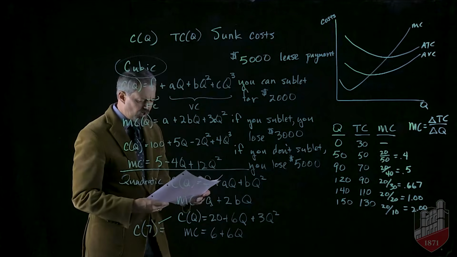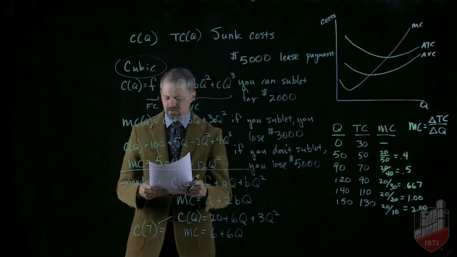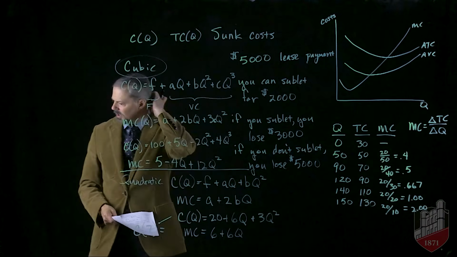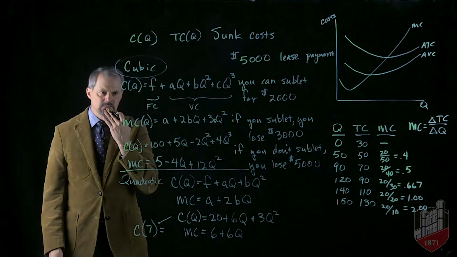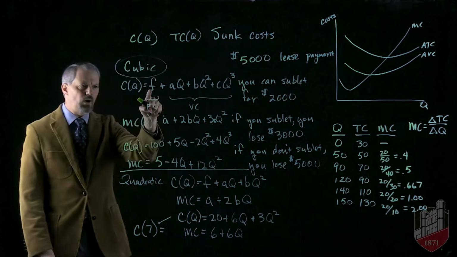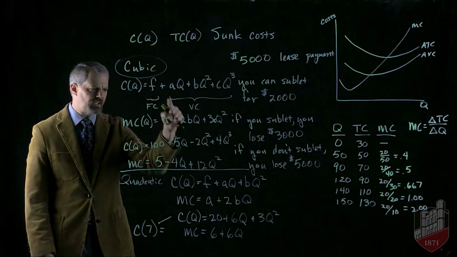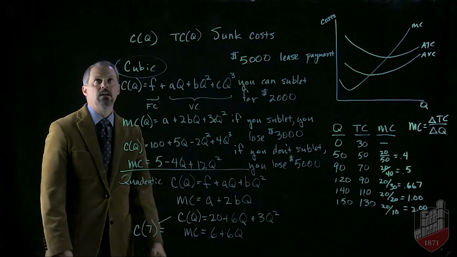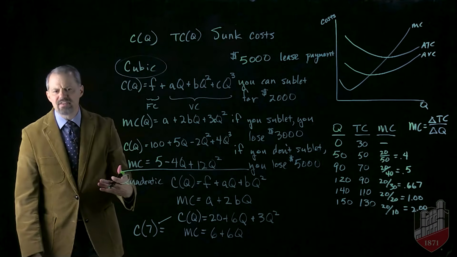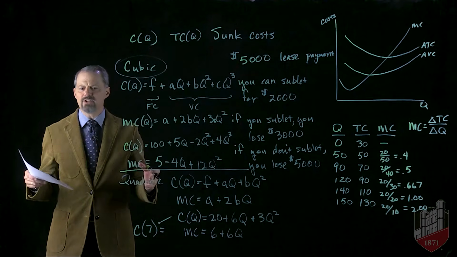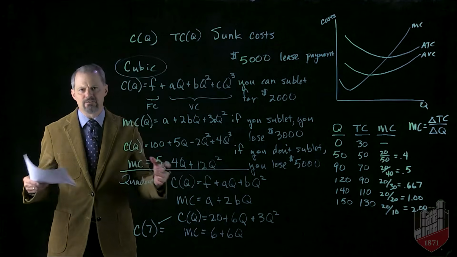Let's talk about costs in the short run and the long run. So we've been thinking about the short run where you've got a fixed cost. And you know that all of this is short run because we've got fixed cost here. The long run is the situation you're in if you can change everything.